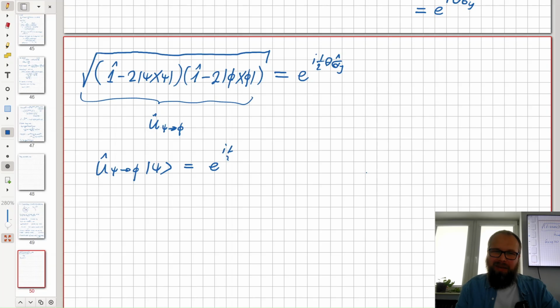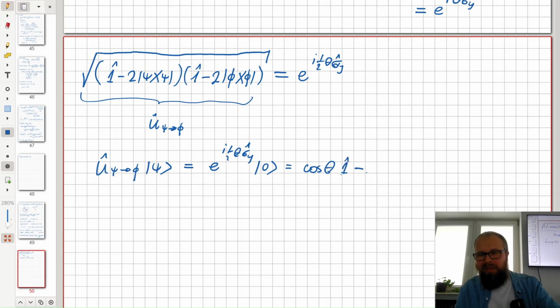Minus 1 over 2 theta, right, on psi, which is the 0 basis vector. So this is cosine theta times 1 plus i sine theta sigma y acting on 0.